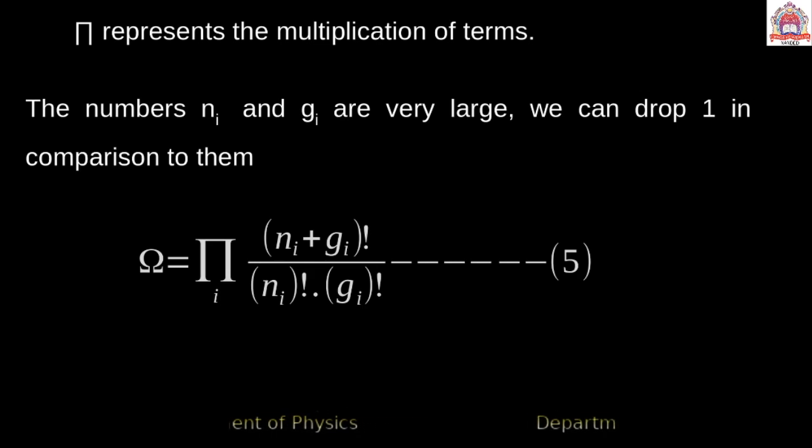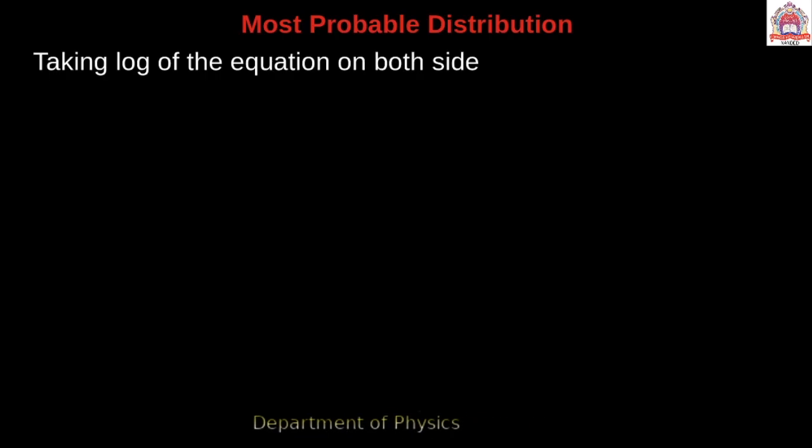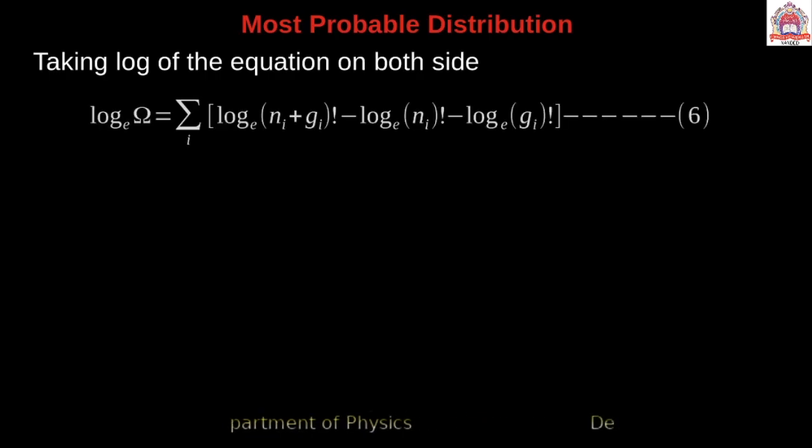Now once we get this probability, we can easily find out the most probable distribution. For that purpose, take the log on both sides of the equation. So log of probability is equal to summation over I of log (ni plus gi) factorial minus log ni factorial minus log gi factorial, equation number 6.